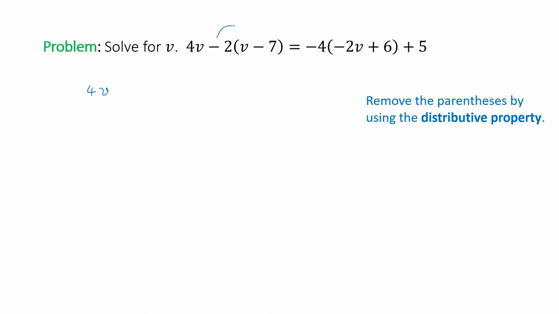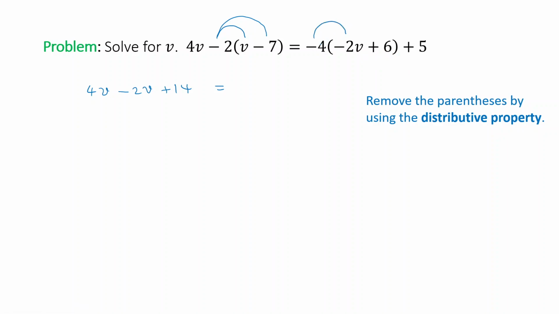You multiply this and this. Negative 2 times v, negative 2v. Now multiply this and this. Negative 2 times negative 7, positive 14 is equal to, now use the distributive property here.